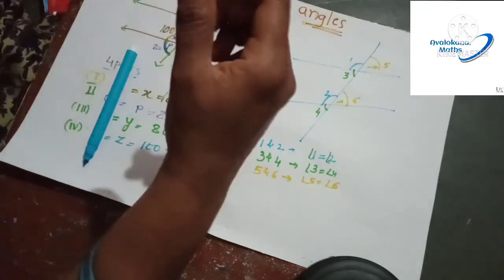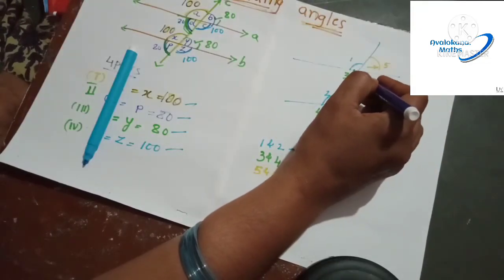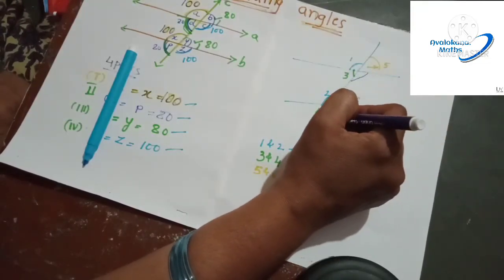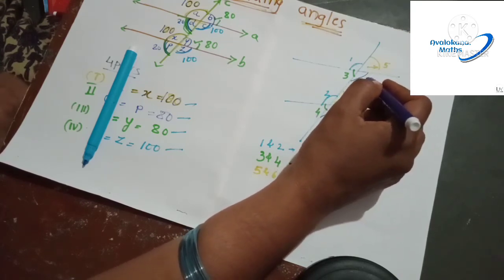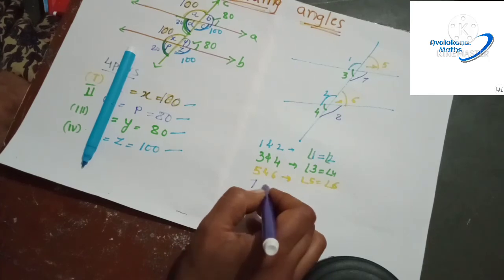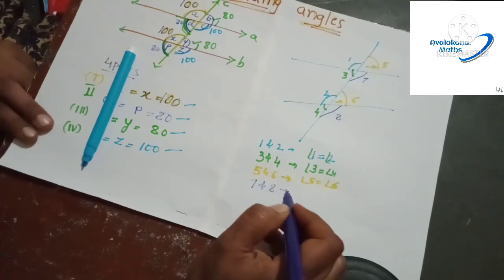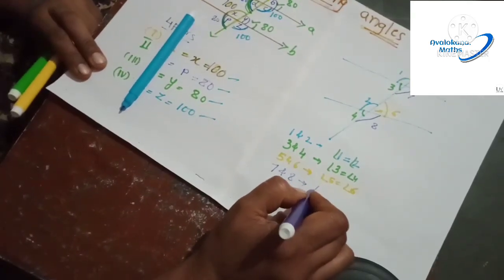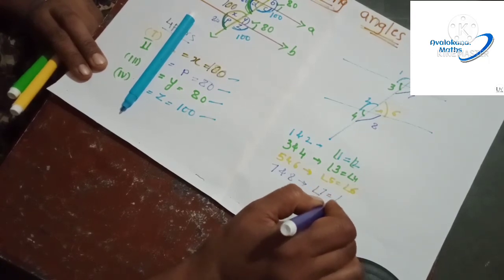The last one is the remaining pair below the line, and this is below the line. If I refer to them as 7 and 8, then 7 and 8 are one more pair of corresponding angles. That means angle 7 is equal to angle 8.